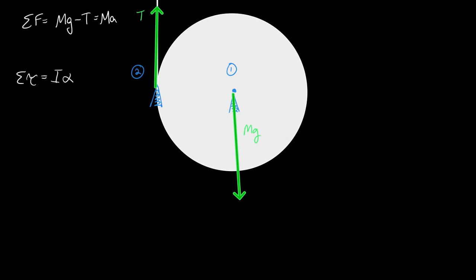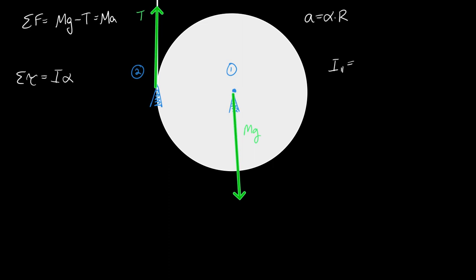But since this system rolls, we are guaranteed to be able to use this relationship to replace alpha with a over r. Now, normally I would want you guys to do more here, but I'm going to have to do this. If this is our pivot point, we need to use the parallel axis theorem to determine the moment of inertia.